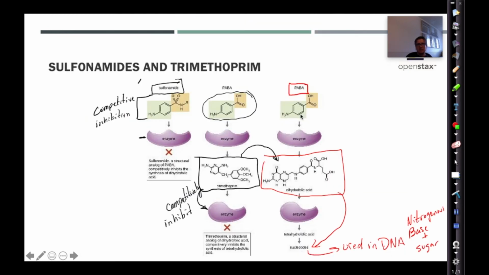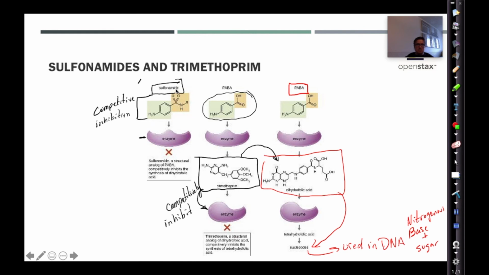Sulfonamides and trimethoprim do competitive inhibition, and so they're going to competitively inhibit enzymes that make nucleotides or nucleosides. So normally you would have PABA, and PABA gets taken by an enzyme and converted into dihydrofolic acid, and that then gets taken by another enzyme and converted into tetrahydrofolic acid and then into a nucleoside, which becomes a nucleotide.